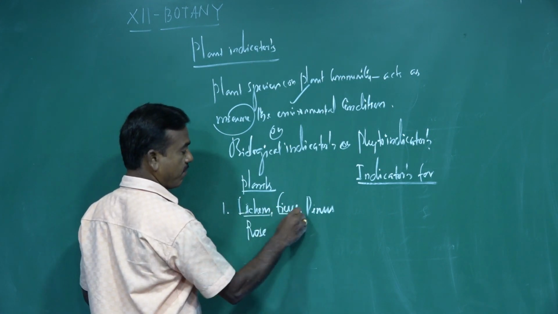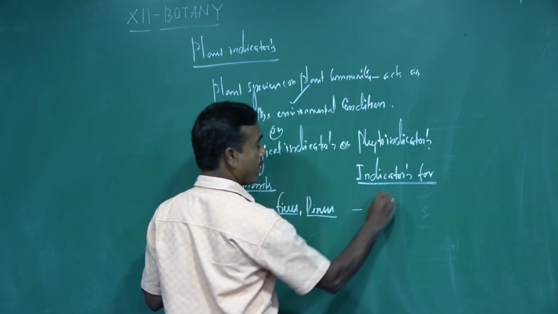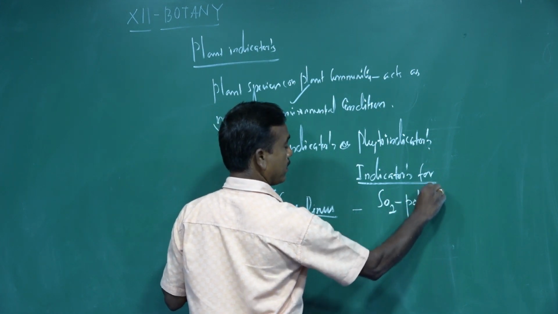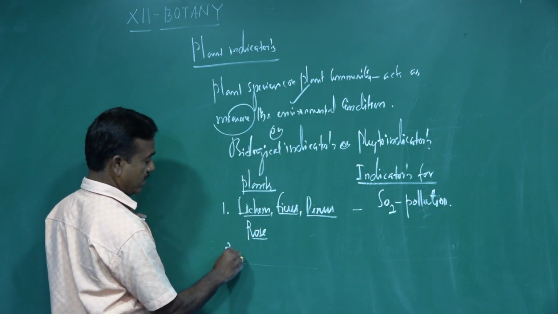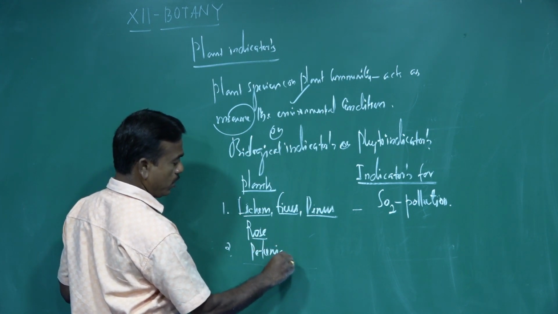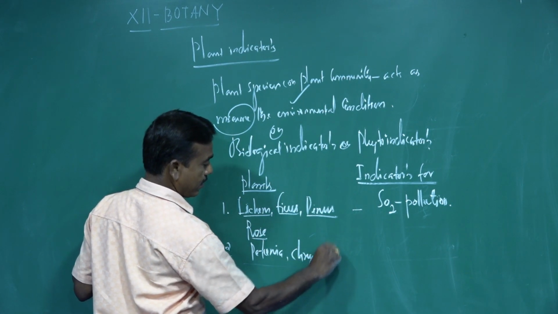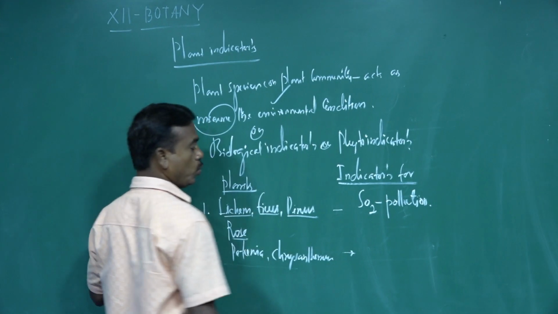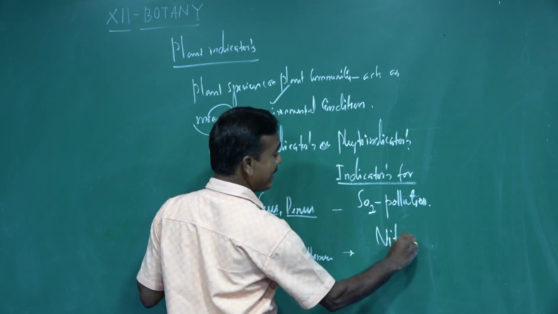Those plants indicate sulfur dioxide pollution. Second, Petunia hybrida or petunia, and chrysanthemum. Those two indicate nitrate pollution.